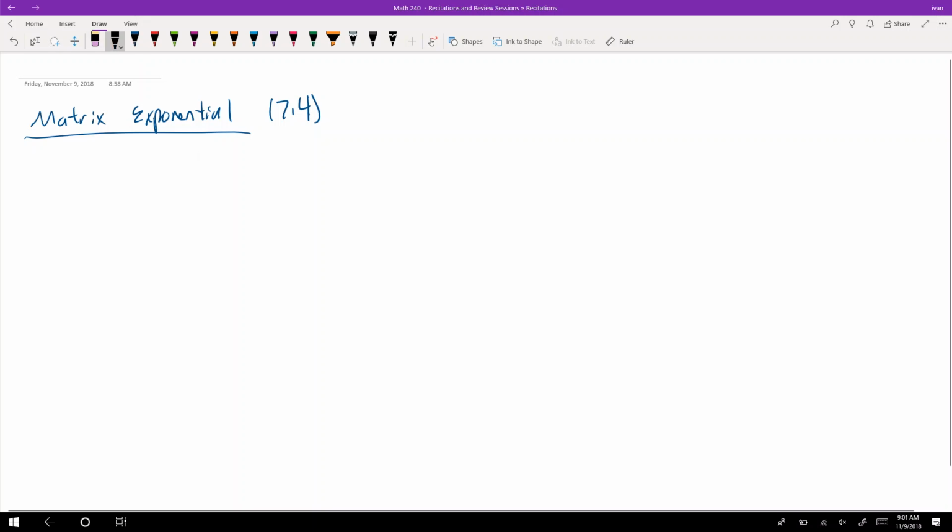So, in general, A can be written as SDS inverse if A is diagonalizable, and that really shouldn't be a contentious claim at this point. So we know that you can write A as a basis of eigenvectors, a diagonal matrix, and then the inverse.